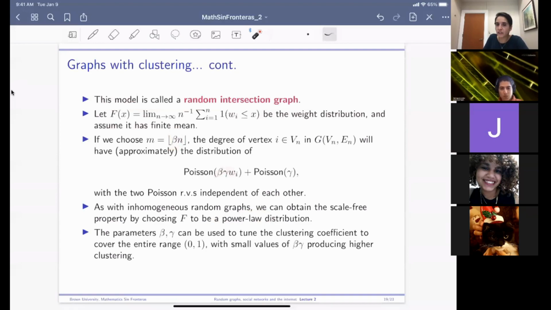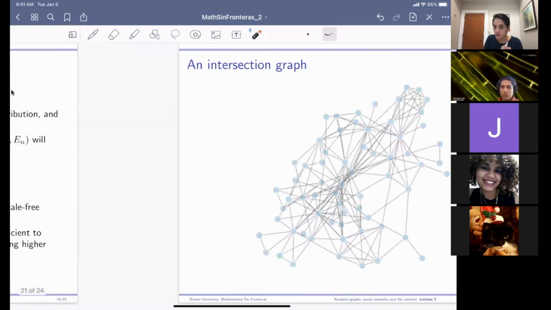Under this regime, we can obtain any clustering coefficient in the entire range from 0 to 1. If you want graphs with very high clustering coefficient, you pick beta and gamma such that the product is small. If you want the clustering to be very low, you choose beta and gamma to be large. And you obtain any clustering that you want in between.